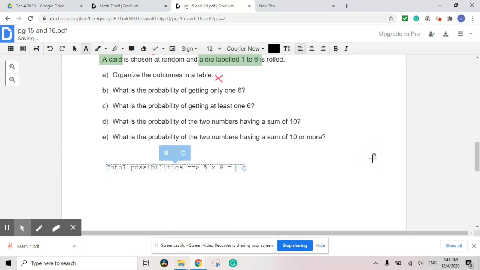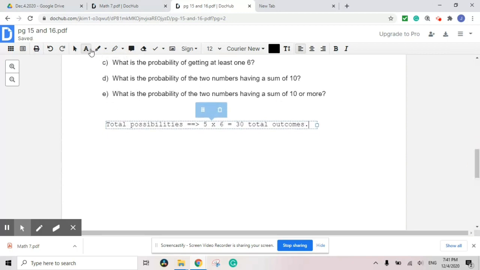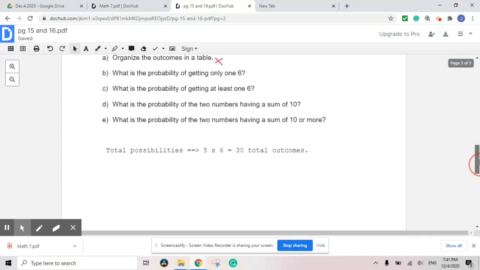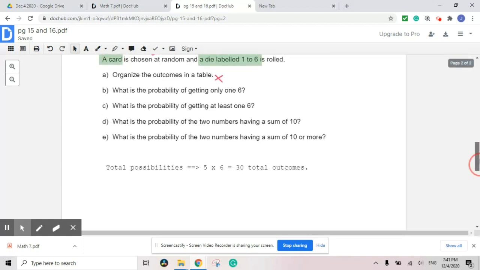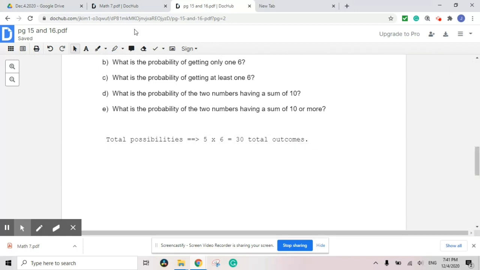That gives 30 total outcomes. This is a skill that goes a little bit beyond Math 7. However, if it helps you, especially when you solve multiple choice questions, feel free. I'm not going to stop you. So 5 times 6 gives you 30 total outcomes, and when you do a probability calculation, that should serve as the denominator.